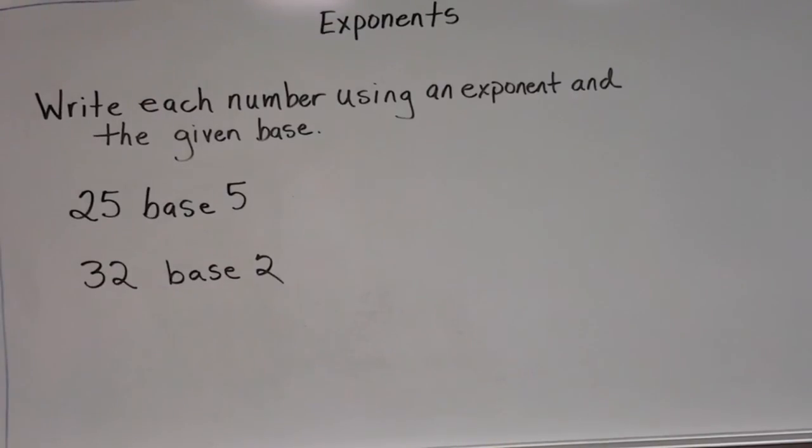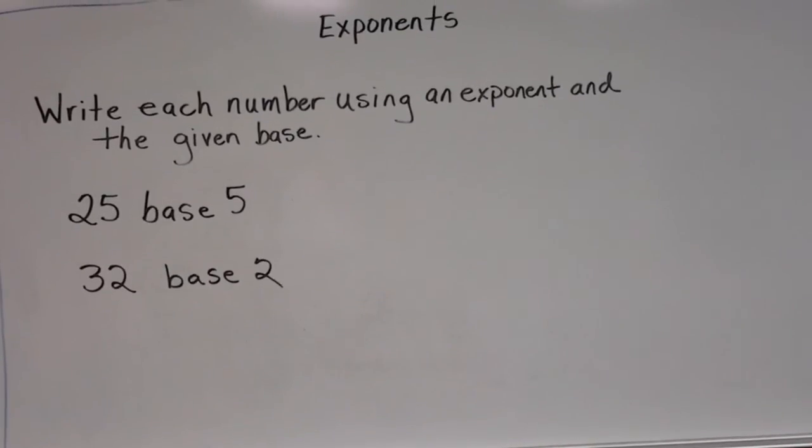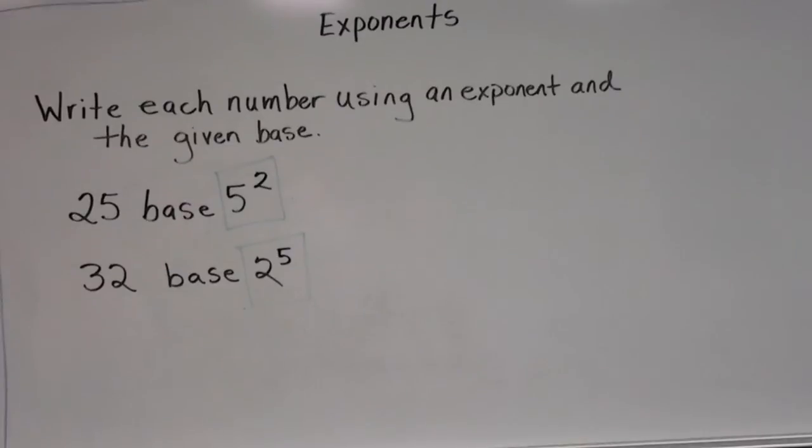Stop the video, work those 2 problems, then turn it back on to see if you get the answers right. I hope you got 5 to the 2nd, because that equals 25, and 2 to the 5th, because that equals 32.